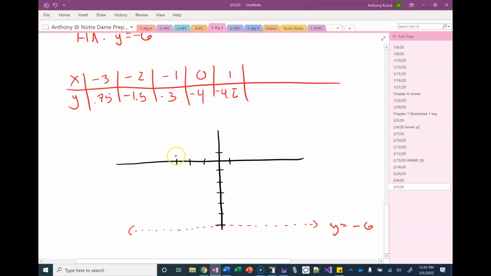So I have -3 and 0.75, -2 and 1.5, -1 and -3, 0 and -4, and 1 and 4.6. So I'll draw my graph. Again, remembering to draw enough of it so it looks like it's following the asymptote.